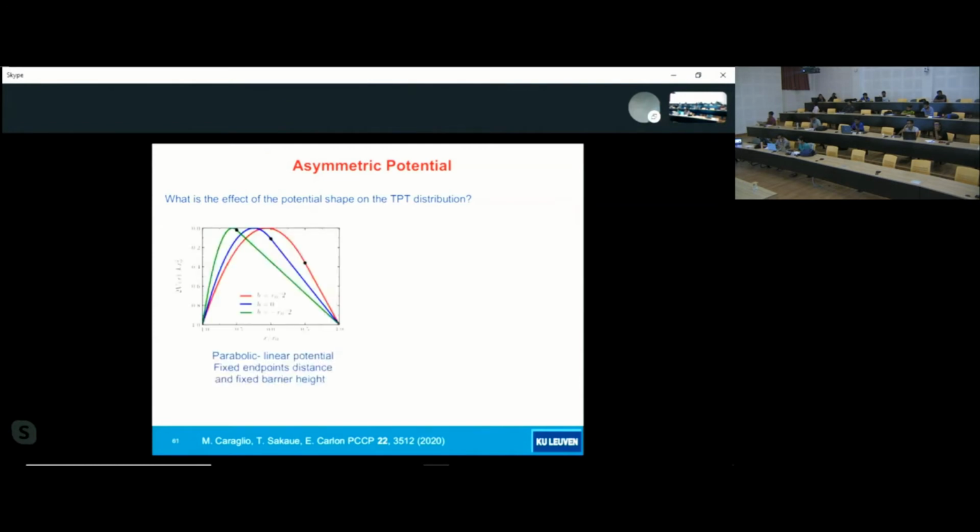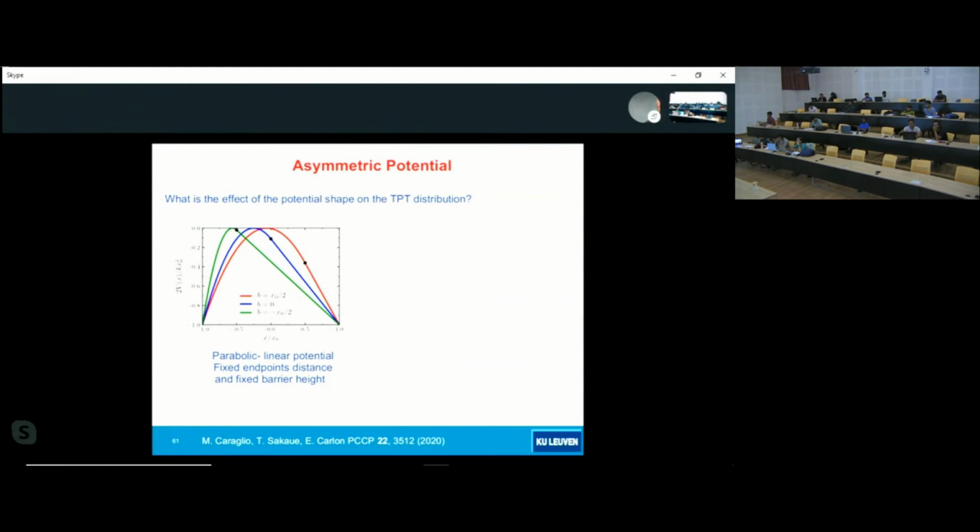Okay, so what we are studying here is a class of potentials. We decided to use this type of potential, and you see the red, the blue, and the green, they are increasingly asymmetric.